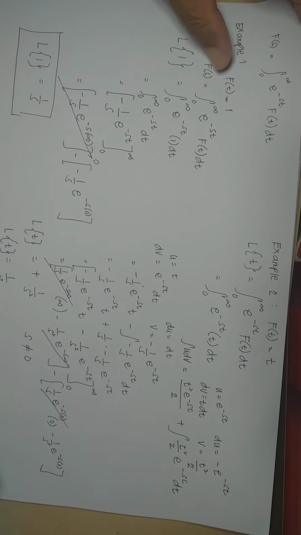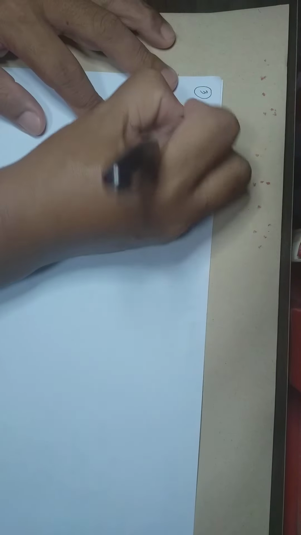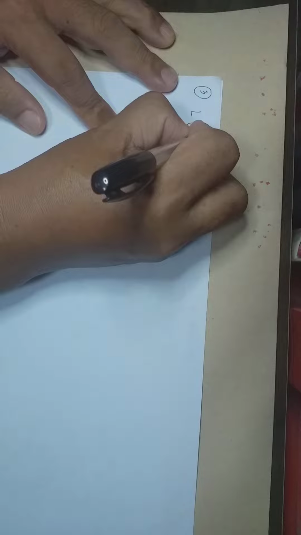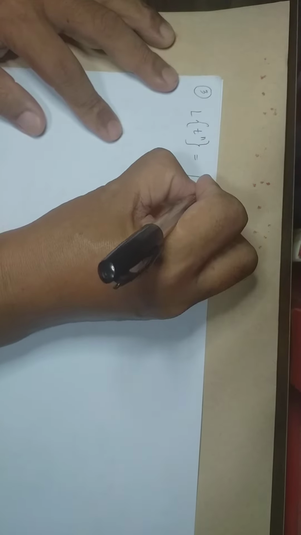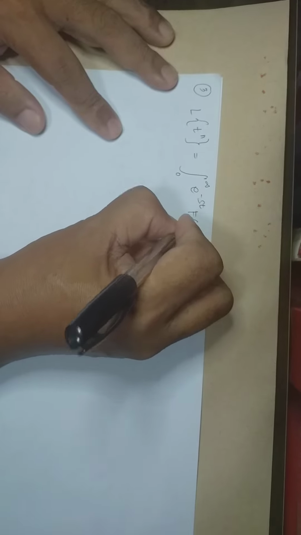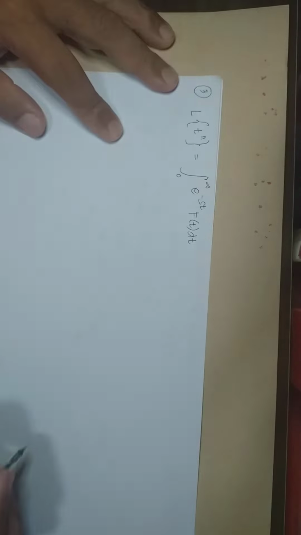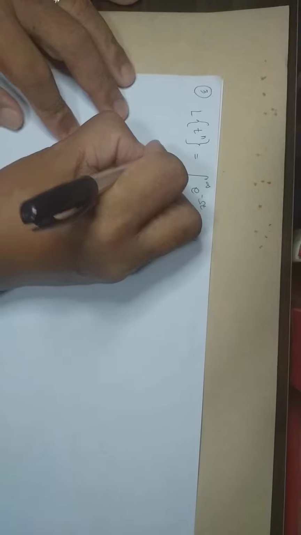Okay? Now let us have example number 3. What is the Laplace transform of t raised to n? Again, we have to use the definition of the Laplace transform, the integral from 0 to infinity of e to the negative st times the function of t dt. In here, your f of t is t raised to n.